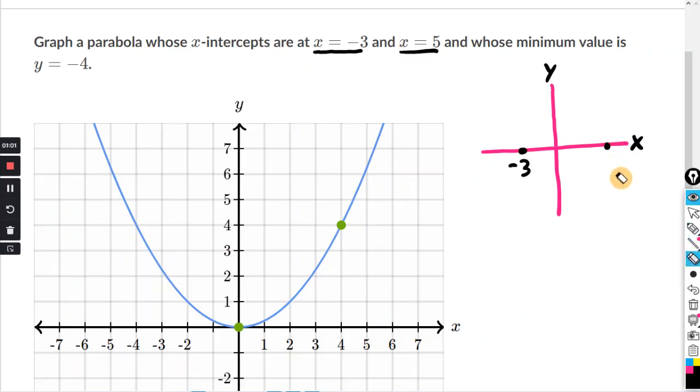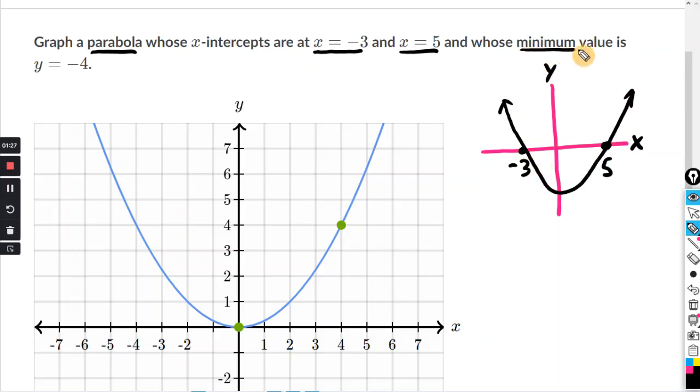All right, so that is x equals 5. And we're graphing a parabola, so it's going to be basically like this, and it's going to go through -3 and +5 like this. I can't do it that well, but it's going to go through -3 and +5.